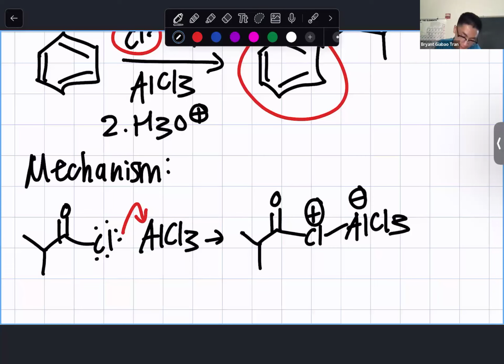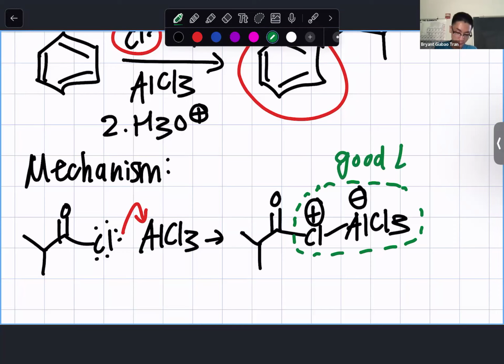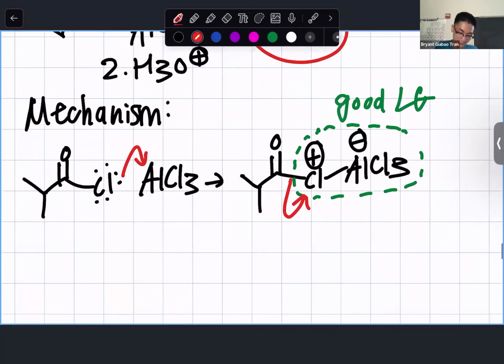This is now our good leaving group, like we saw in the previous examples. Think of this as an SN1 reaction. That's just going to leave by itself.